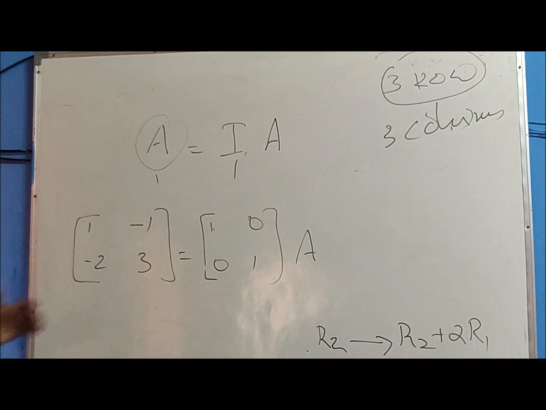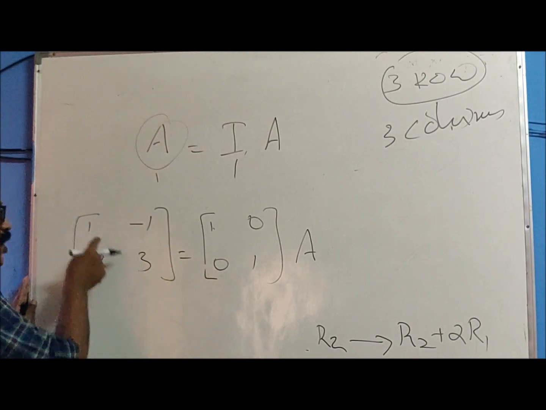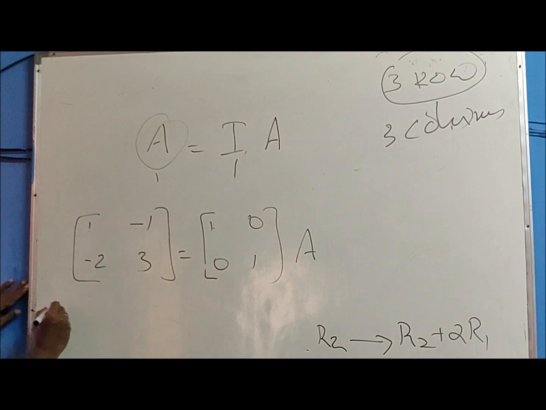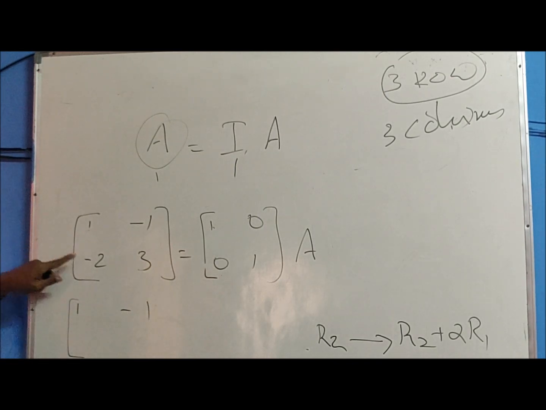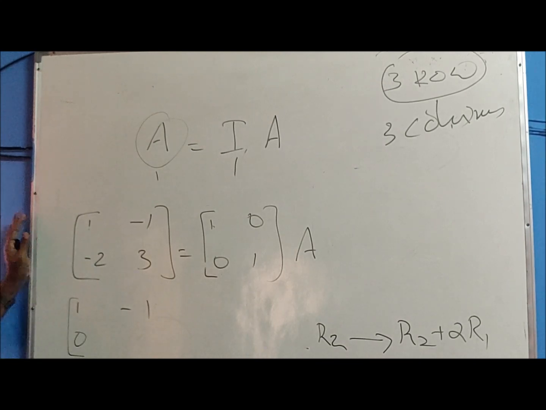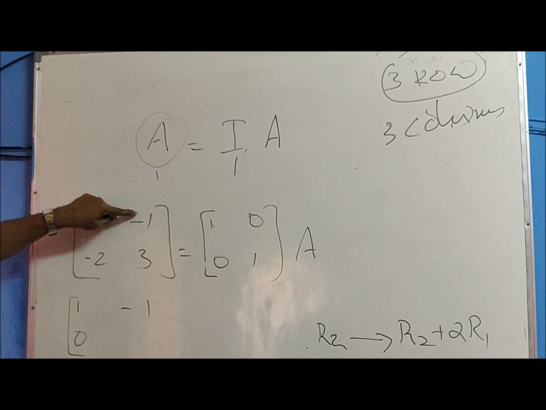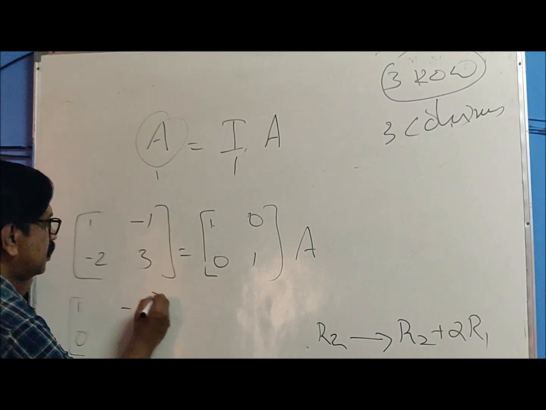Therefore, the first operation we are going to do is the second row is replaced by second row plus 2 times the first row. First row there is no change, 1, minus 1. Then minus 2 plus 2 will become 0. And here 3 plus minus 1 into 2, 3 minus 2, that is 1.